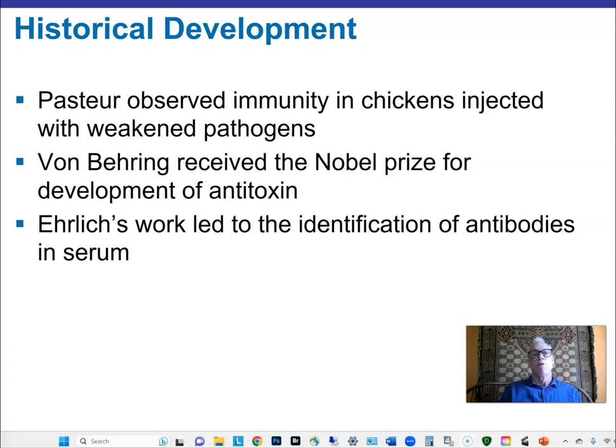Von Behring received the Nobel Prize for development of an antitoxin, which turns out has antibodies, which are defensive proteins produced by the adaptive immune system, and can bind to the toxins and prevent them from then binding to anything else. And then Ehrlich led to the identification of antibodies in serum. We'll say something about that descriptor serum at the very end of the chapter.